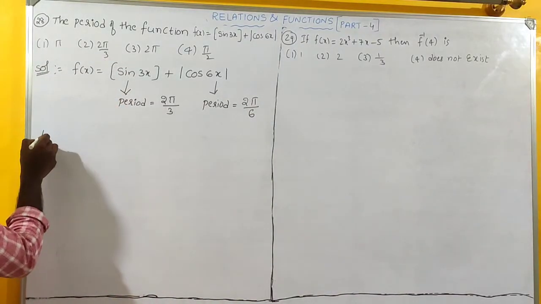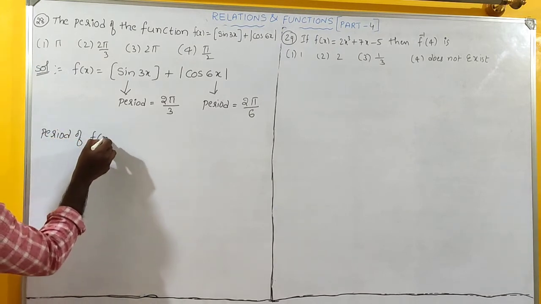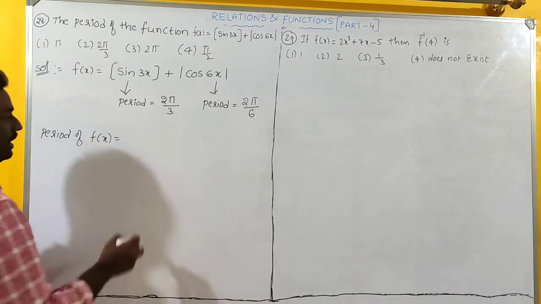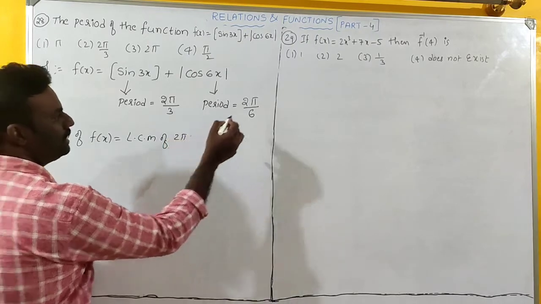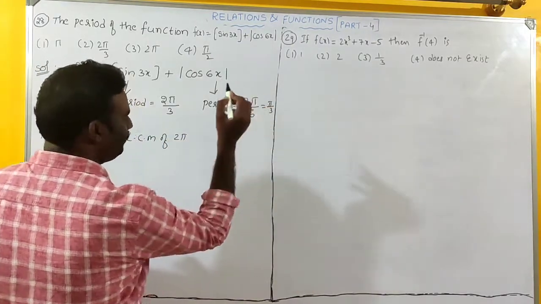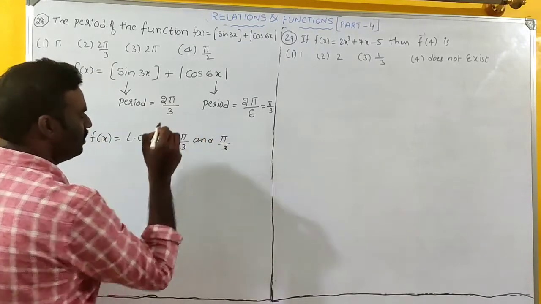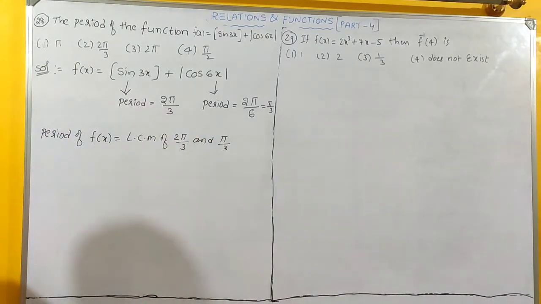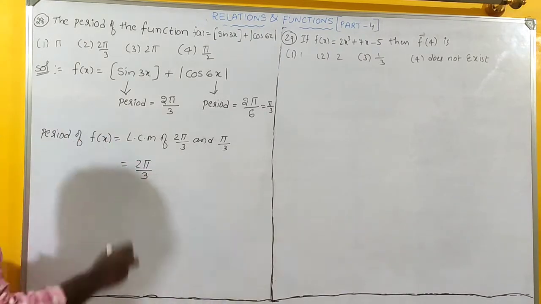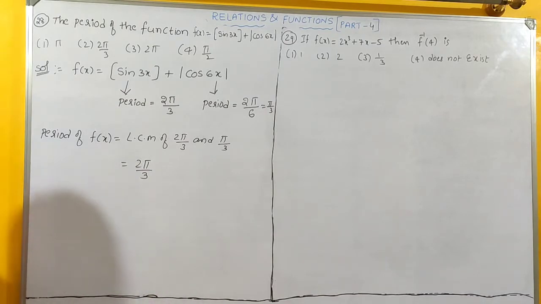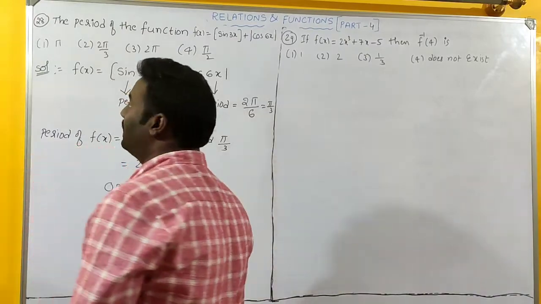Now the period of f of x: if you want the total period, we need to find the LCM of 2 pi by 3 and this can be written as pi by 3. 2 pi by 3 and pi by 3. What is the LCM of 2 pi by 3 and pi by 3? So 2 pi by 3 is the LCM. That is nothing but option 2 is the correct answer.